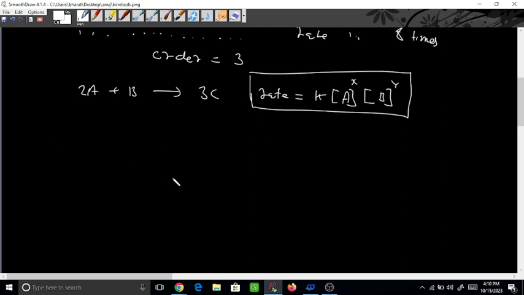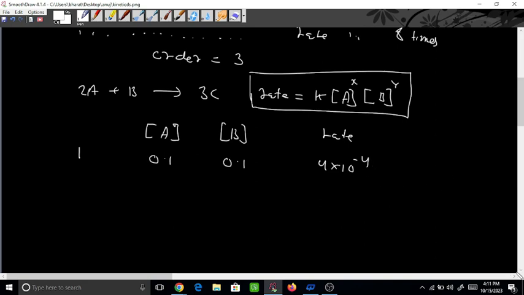We have some data set, because we have to calculate through experiments. So we have some different experiments. Experiment number 1 is there. So we have the concentration of A and concentration of B, and we have a rate. Then the concentration of A is 0.1, then concentration of B is 0.1, then rate is equal to 4 into 10 to the power minus 4.